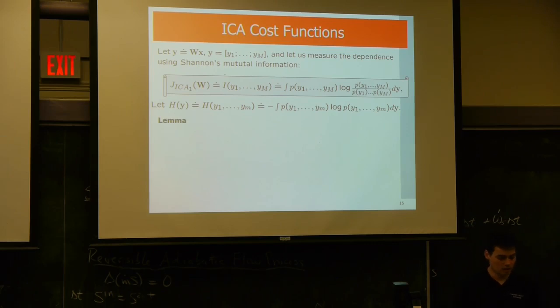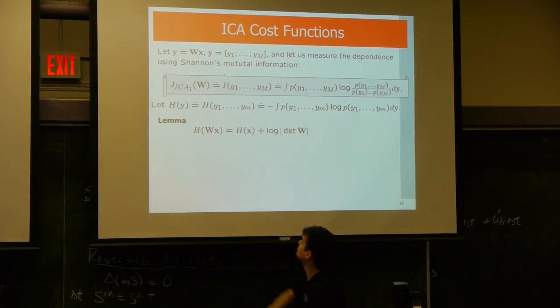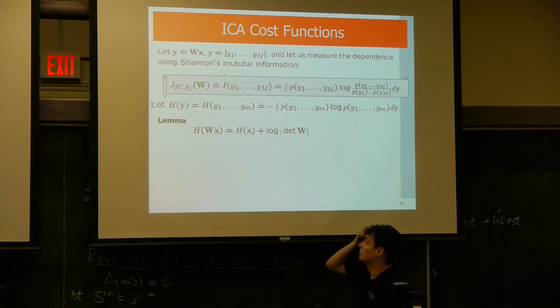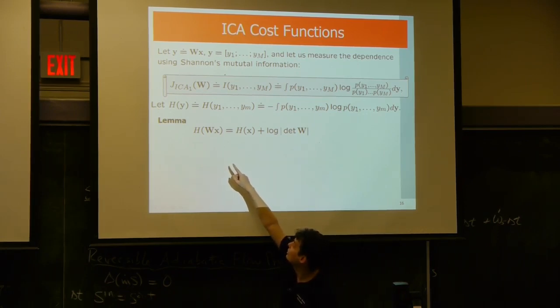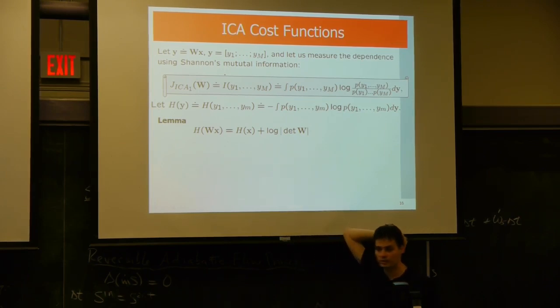So there's one lemma that you can prove: the entropy of w times x, where w is a matrix, say an m by m matrix whose determinant is not 0, so the matrix is invertible, then you can prove that the entropy of w times x is the entropy of x plus the logarithm of the determinant of w.